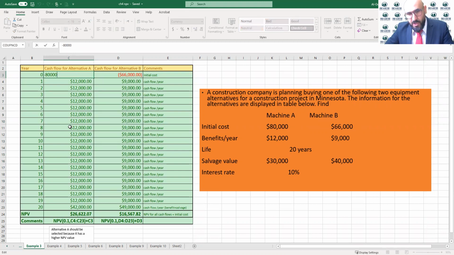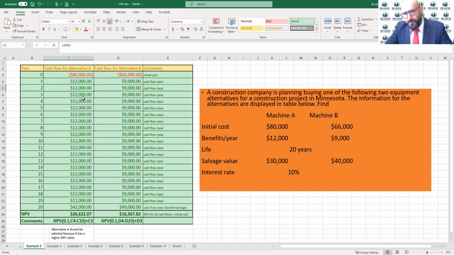That's the initial cost. Then moving into year 1, we look into what transaction happened on year 1. There is only one transaction for machine A, and that's a benefit per year of $12,000. The same thing applies for all the years from 1 to 19.